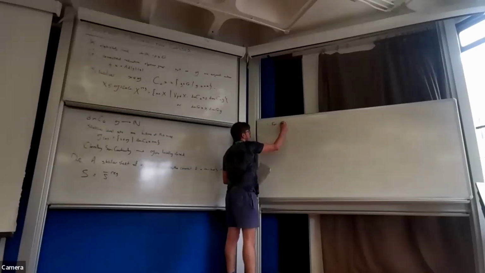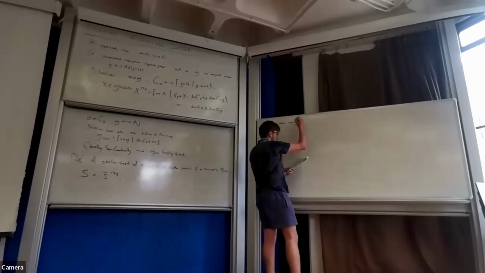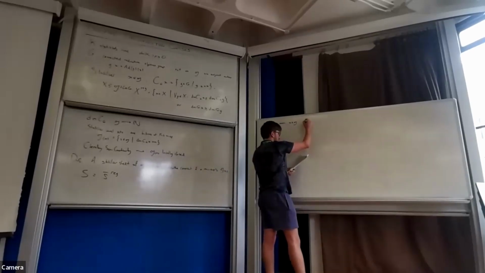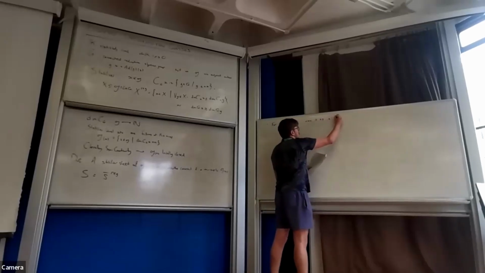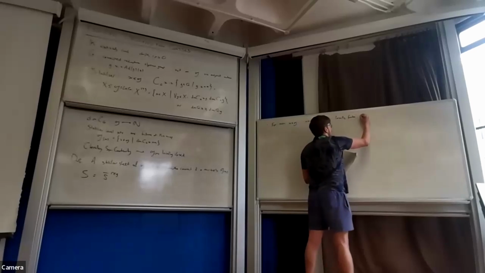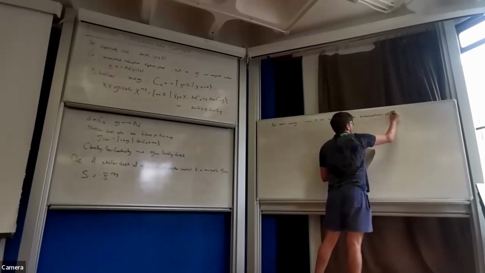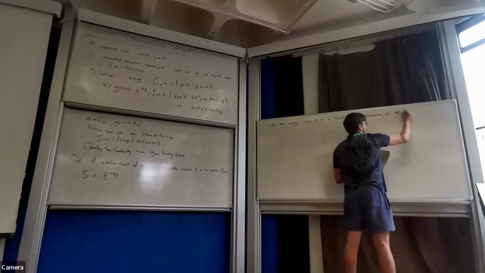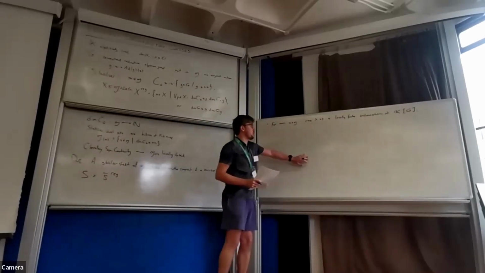For each X in g, our Lie algebra, we can view it as a locally finite endomorphism of the coordinate algebra of our group.